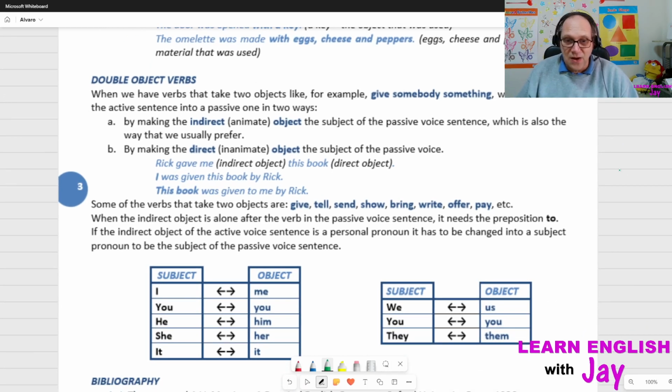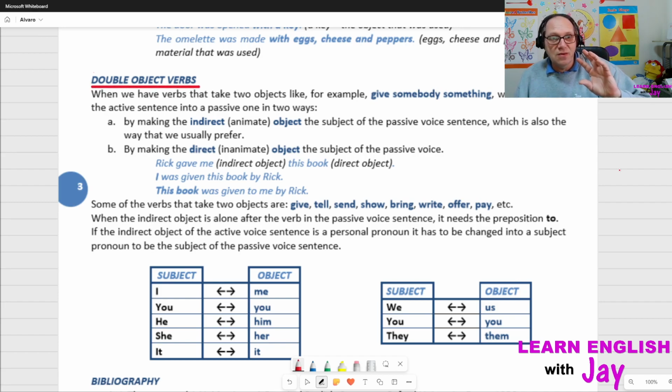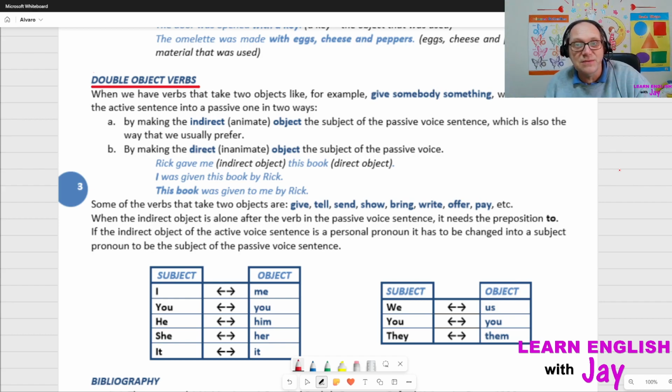So the last thing that I want to share with you tonight is what we call double object verbs. Now, sometimes we will have a verb with two objects, especially when we give somebody something. We can convert that in one of two ways.